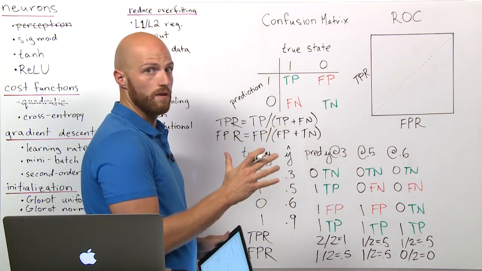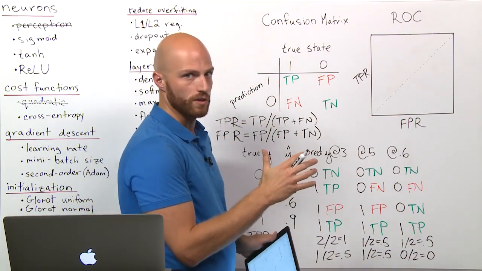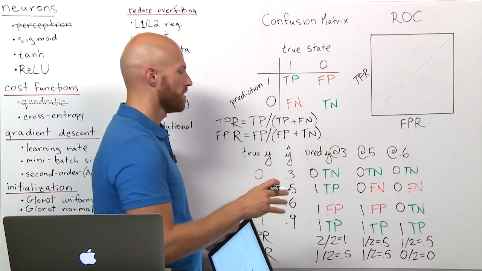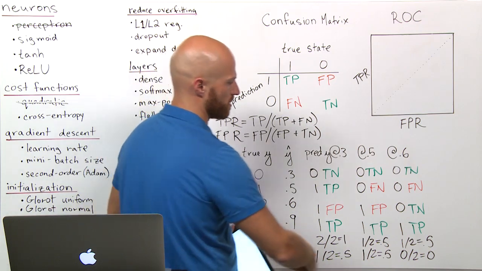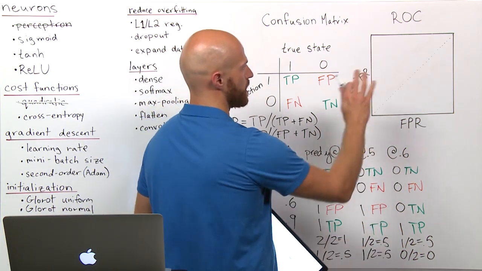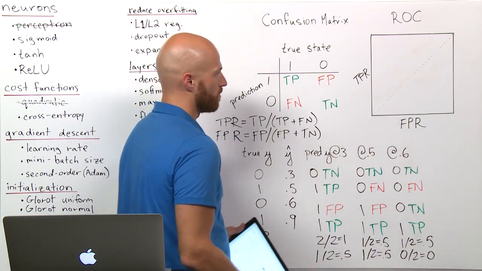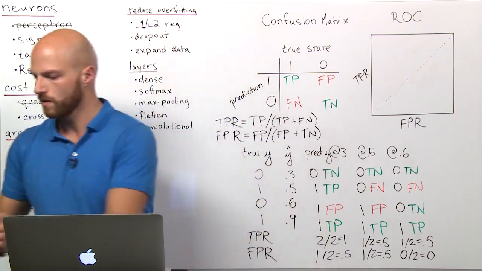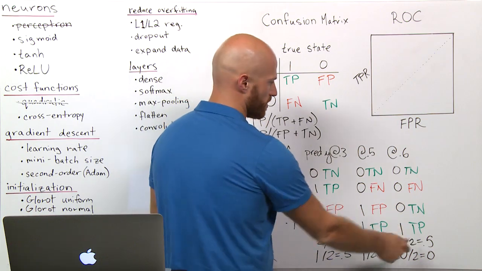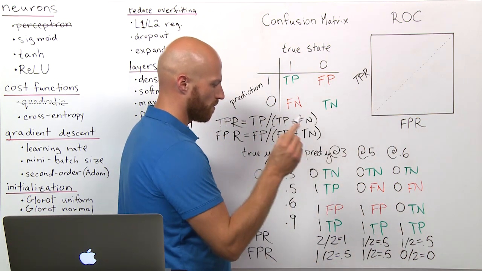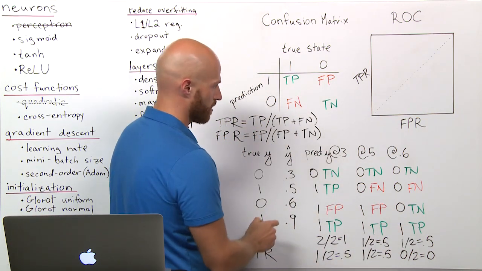The beauty of this area under the curve of the receiver operator characteristic value is that now we can summarize these true positive rates and false positive rates across all of these levels into a single value. So we do that over here with this plot. For each of the thresholds, we have 3 thresholds, we're going to create a dot.